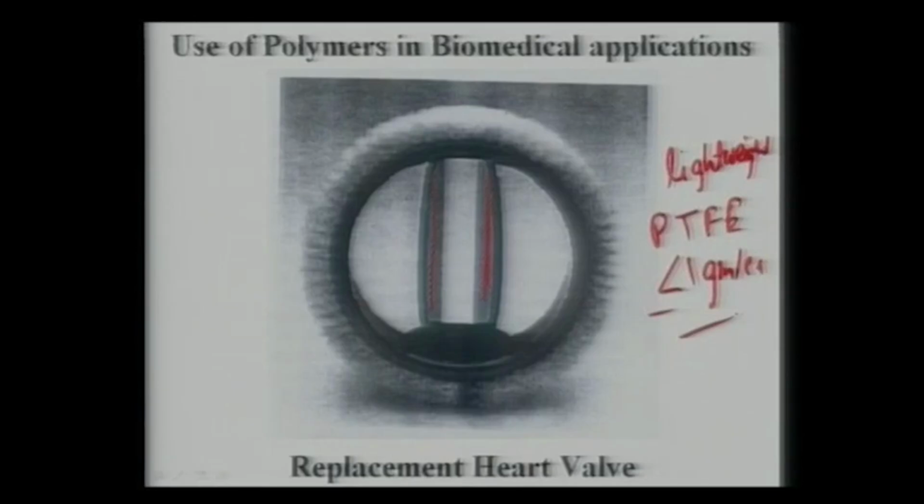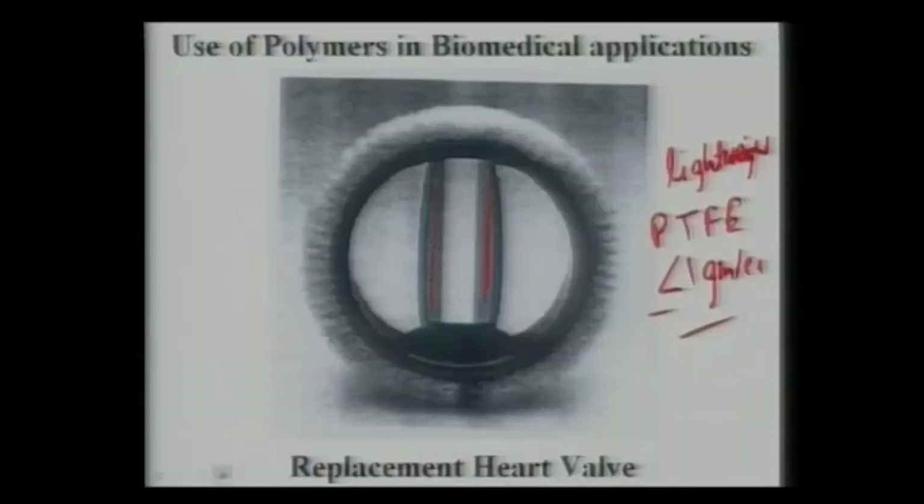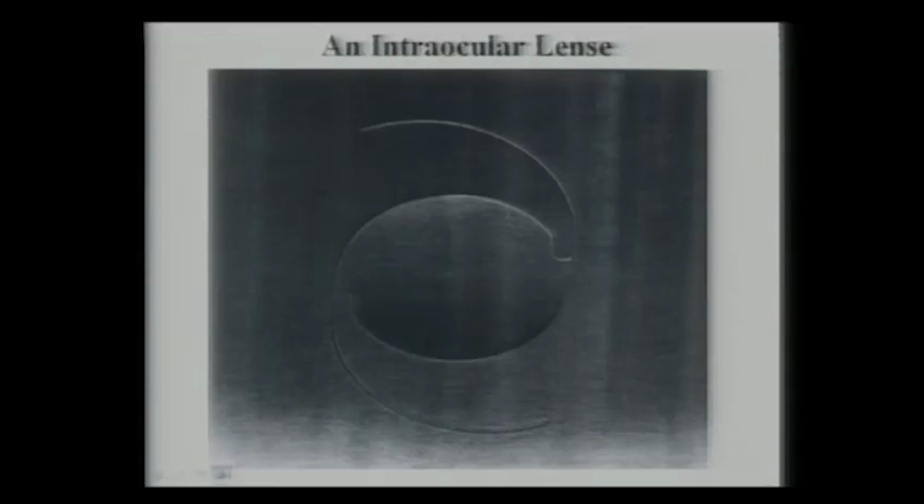Thrombus formation means blood platelets come together and form clumps, and this agglomeration of the blood cells should be avoided to the maximum extent for any heart valve applications. This is one example of the intraocular lens, like polymethyl methacrylate and then silicone rubber. Those are the materials typically used for different intraocular lens applications.